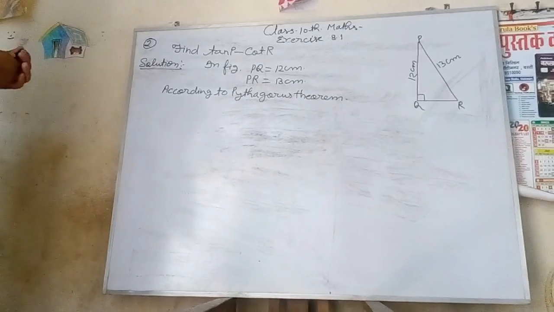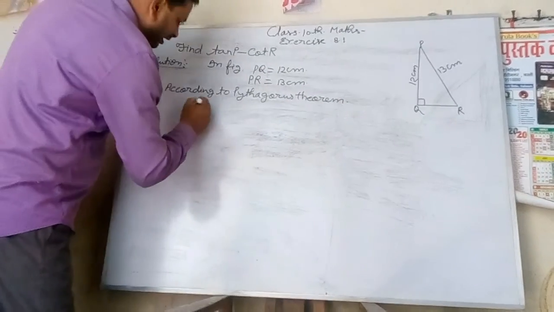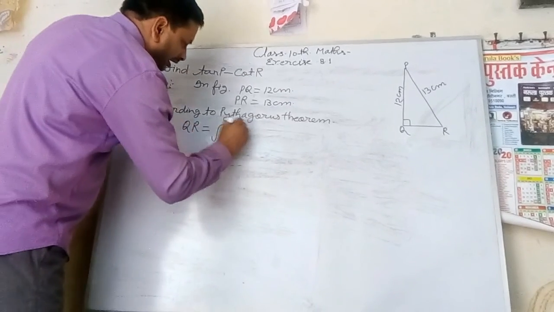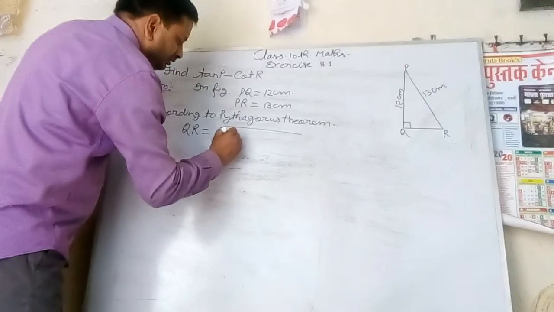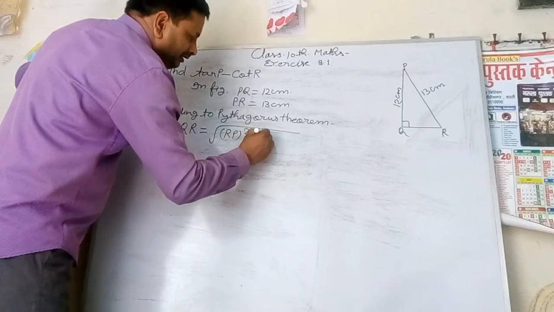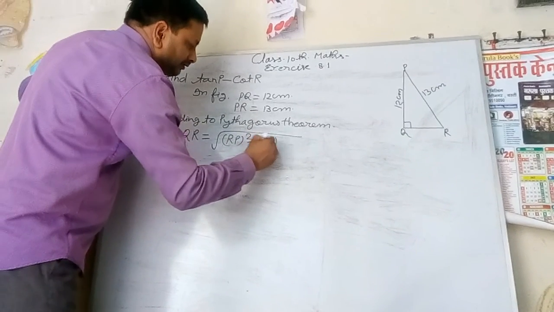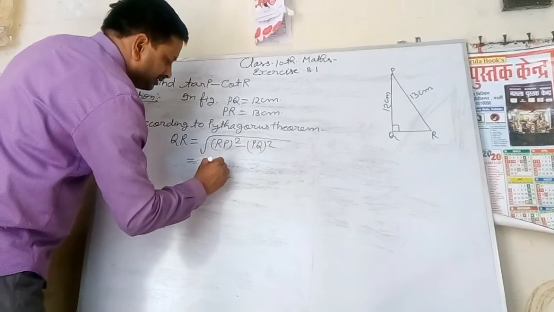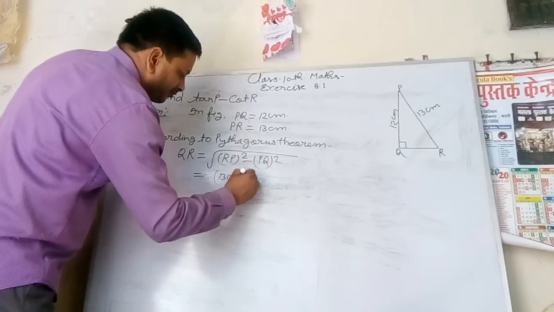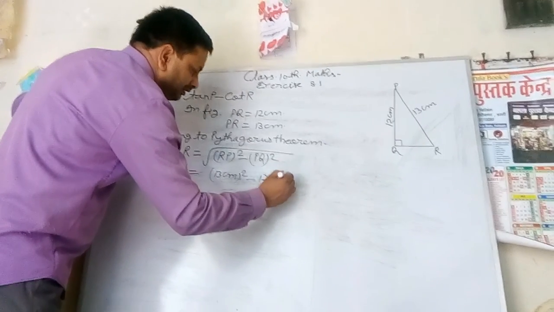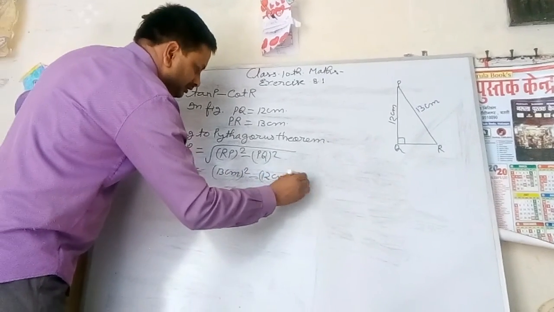So, QR equal to under root RP square minus PQ square. RP means 13 centimeter square minus 12 centimeter square.